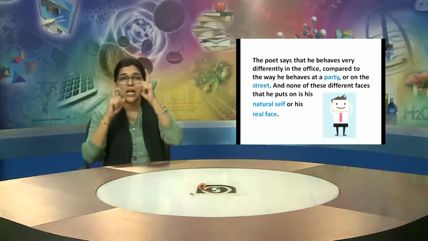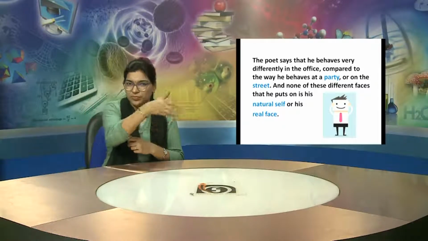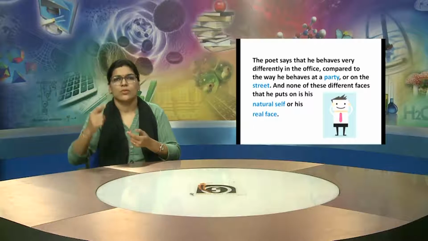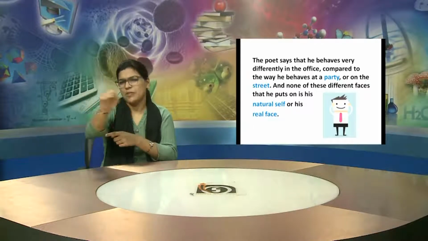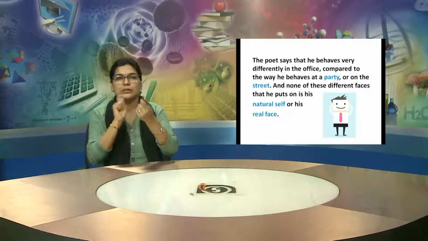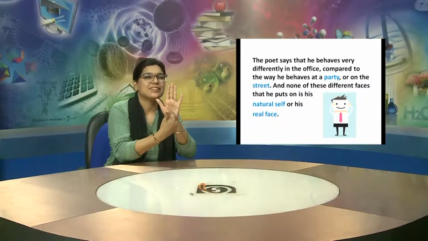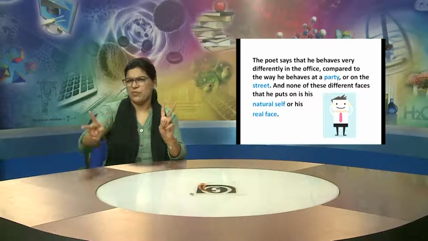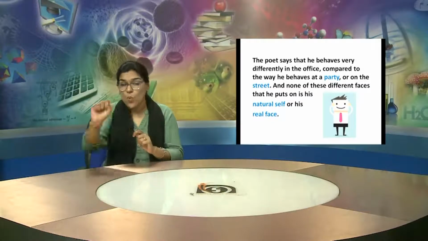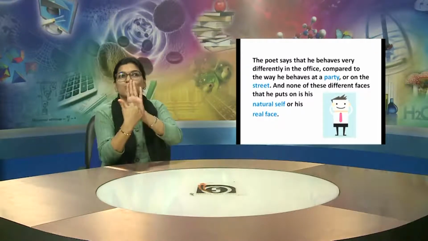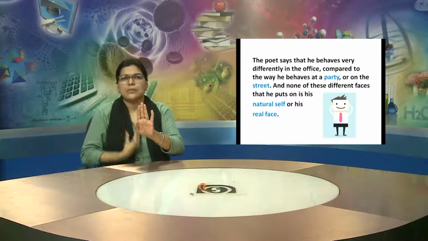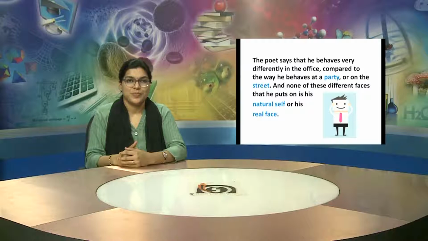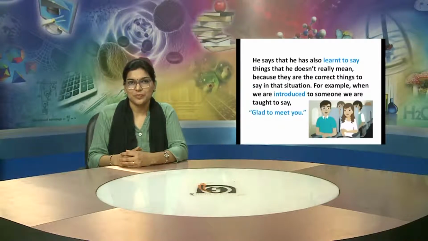The poet says that he behaves very differently in office compared to the behavior he shows in a party or on the street, and none of these faces that he puts on is his natural self or his real face.